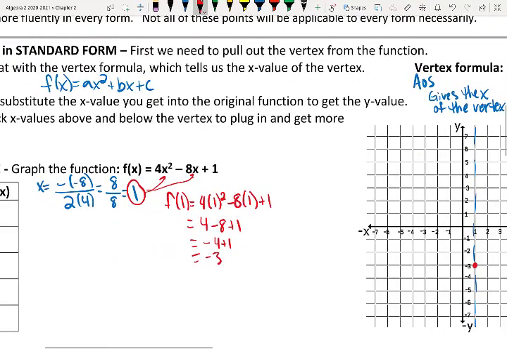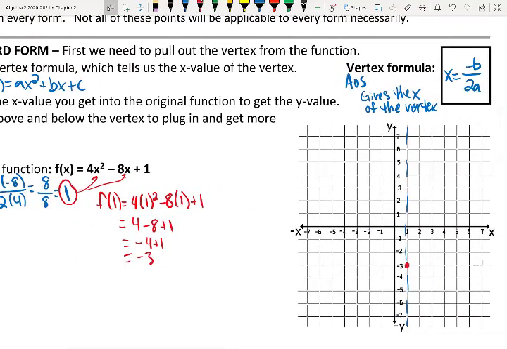So from here, you've got a couple of different ways that you can handle this. And it's really personal preference and how comfortable you are with your stretching and shrinking versus just evaluating points. Because, again, I just need you to have at least 5 coordinate points on my parabola in order for it to be completely graphed. So I have my middle point already, so I need 2 points to the left and 2 points to the right.